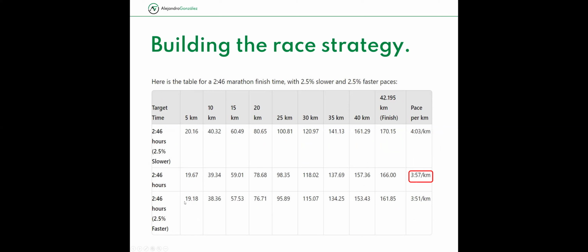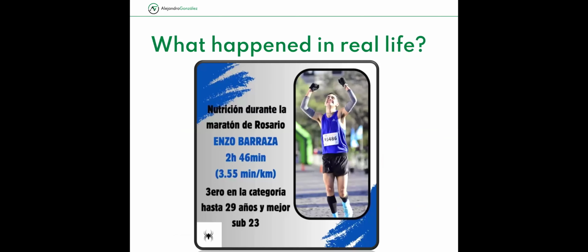And if I had to run 19 minutes 18 seconds, that means 2.5% faster than the original time. It's equal for all the segments here. That means I have a clear strategy and clear numbers that we can play with during the race. And all of this is a range of 2.5%.